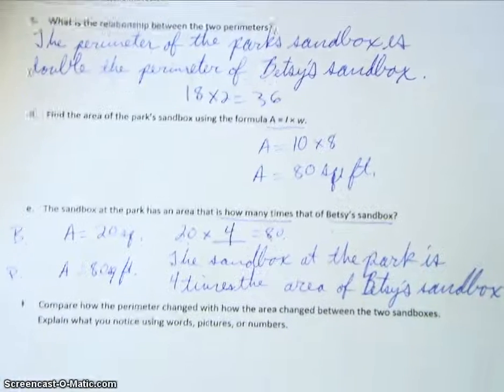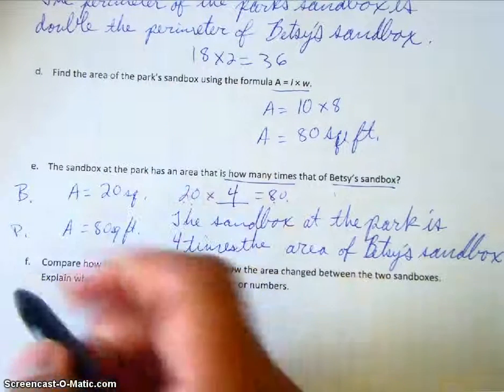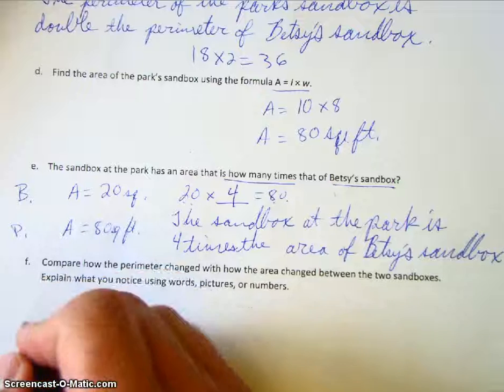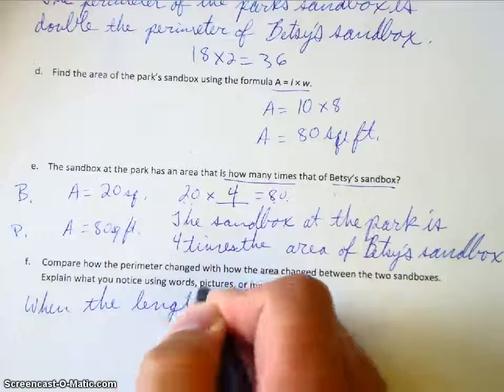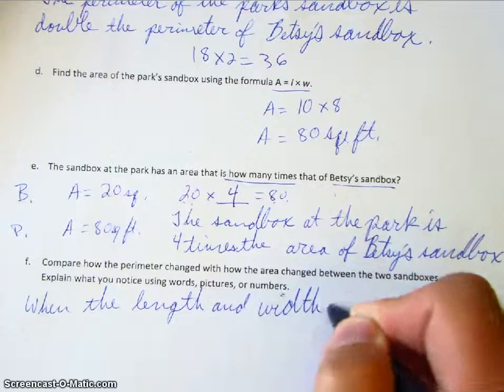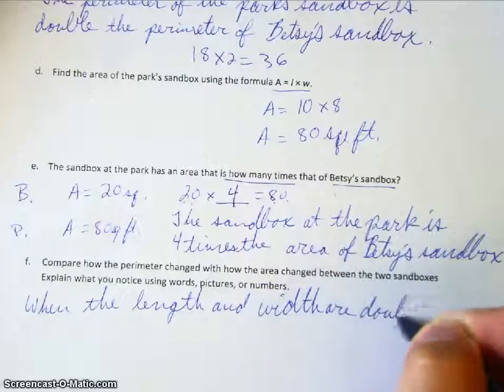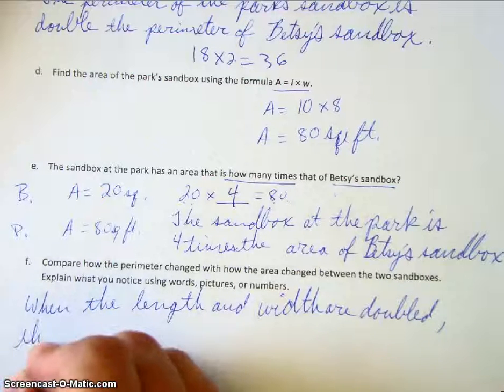Now our last one here, we're going to compare how the perimeter changed with how the area changed between the two sandboxes and explain what we notice. Like what we talked about in letter C, when the length and width are doubled, we said that the perimeter is doubled.